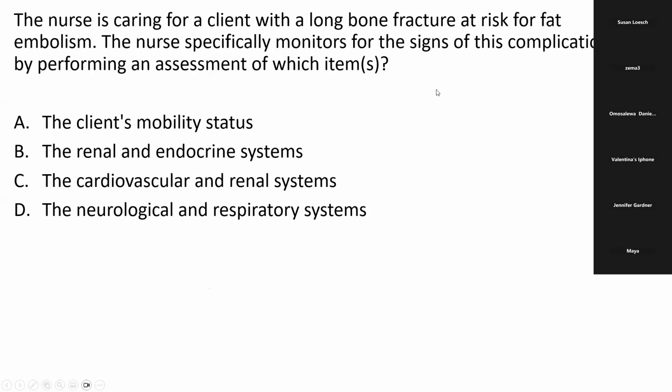All right. The nurse is caring for a client with a long bone fracture at risk for fat embolism. The nurse specifically monitors for signs of this complication by performing an assessment of what items? D and A. Only D. So it's only one answer.